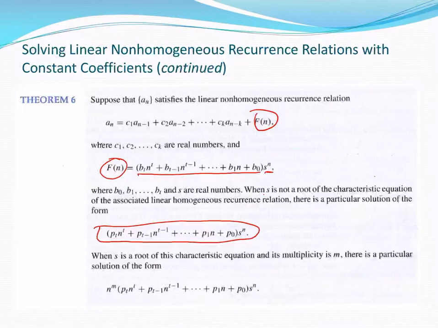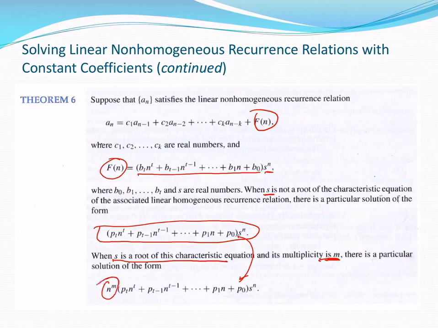The exception is if this exponential is a root of the characteristic equation and that root has multiplicity m, we have to take that proposed solution and multiply it by n to the m.